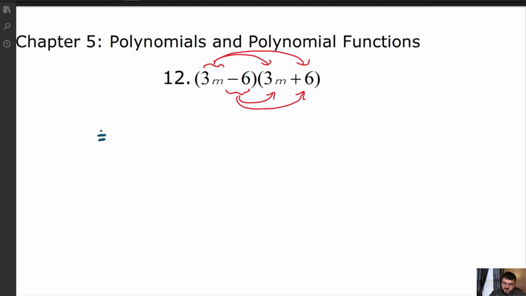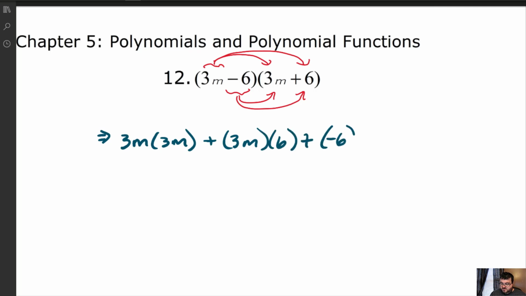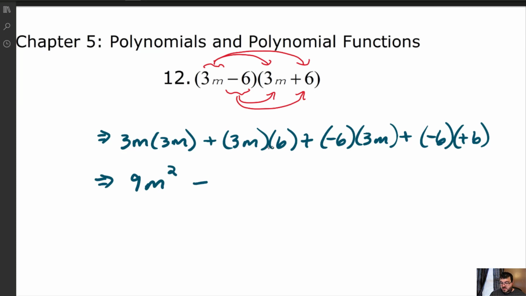So we end up getting here on this next line 3m times 3m, plus, I'm going to keep it all in an addition chain for now, 3m times 6, plus negative 6 being distributed to 3m, and plus a negative 6 being distributed to a positive 6. So there's my 4 things that I'm distributing right there. And now I want to go ahead and combine or multiply things out. This will give you 9m squared. This will be 3 and 6 make 18.